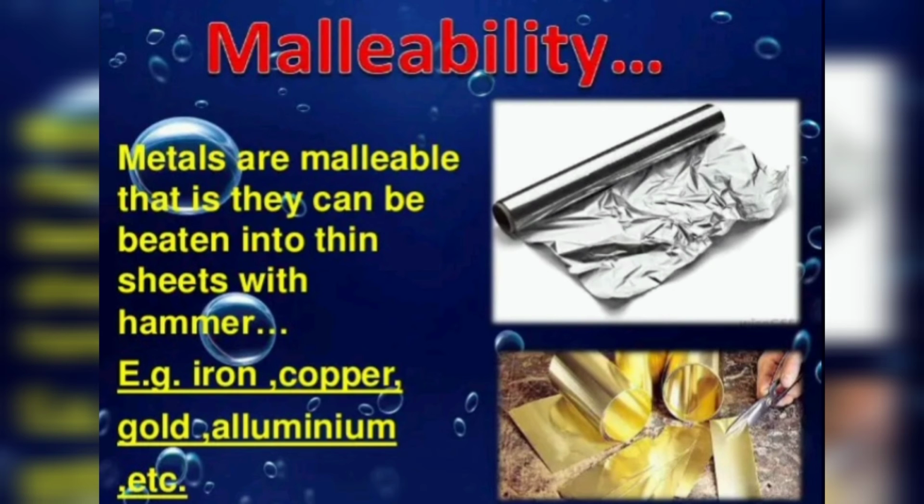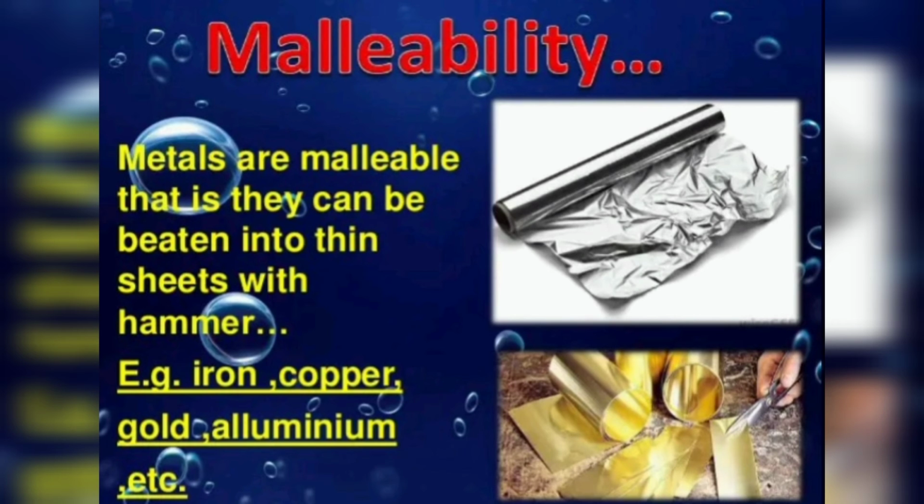All metals are malleable. What about non-metals? Non-malleable. For example, gold, silver, aluminium are the most malleable and ductile metals.